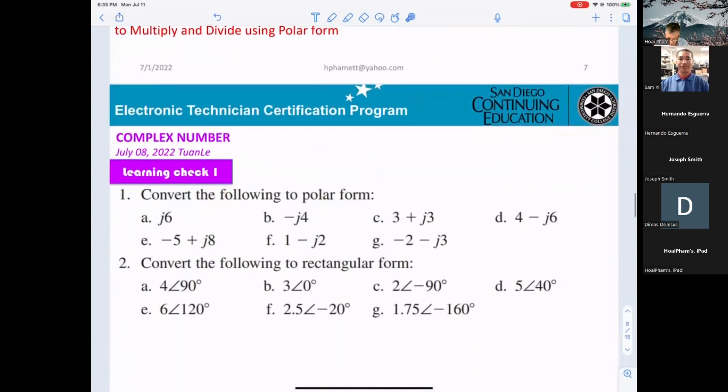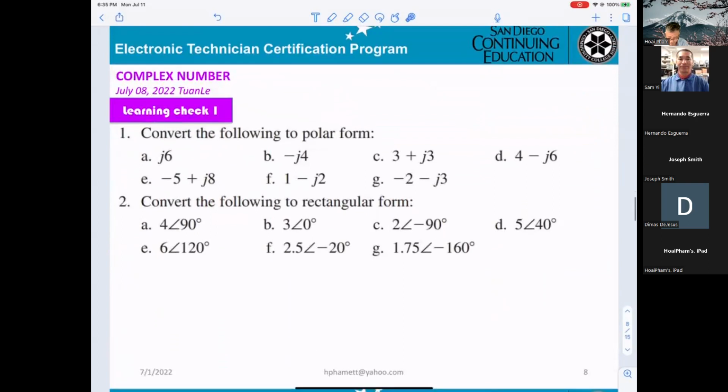Oh, okay. Now you can try for me. Convert the following to polar. A j6, B minus j4, C, D, E, F, G. Try the best you can.